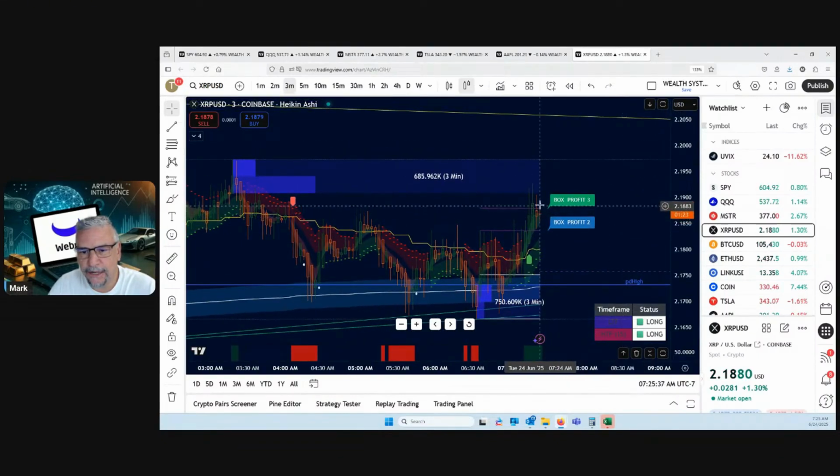My prediction is that it'll continue to go in the positive direction. There's a lot of support. It's crossed over a lot of resistance. It's now at its final resistance here, box profit 3, and has one final hurdle to overcome before it can get back to the 220 level. So we'll see how that goes.